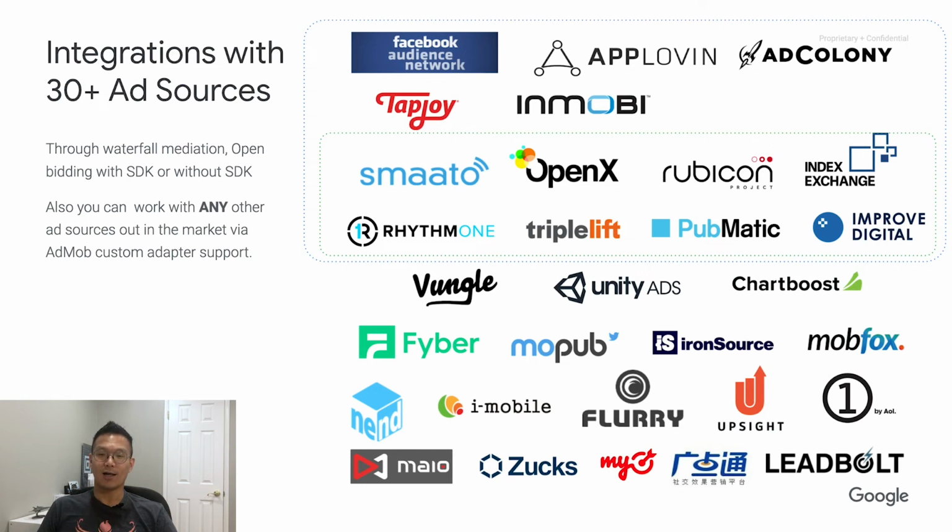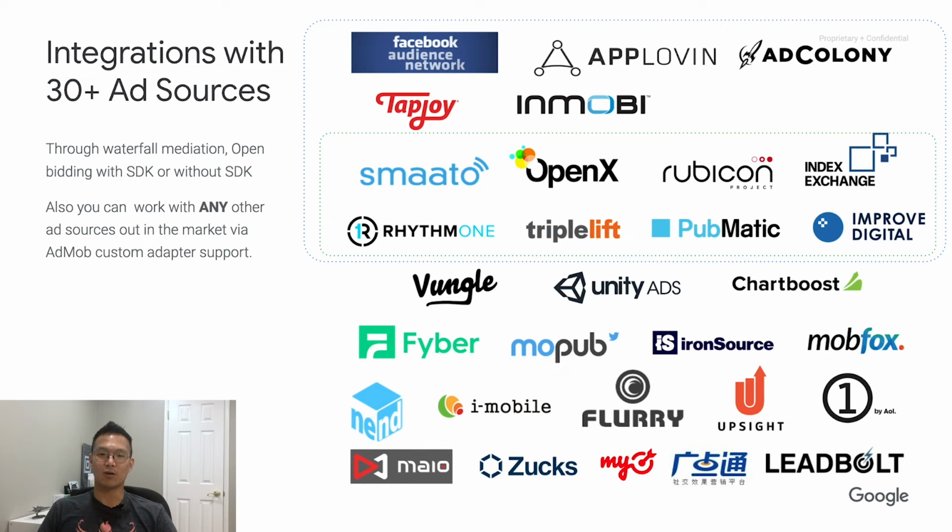With that, I would like to highlight how many ad sources are currently working with this. As Google AdMob mediation, we have this many ad sources working directly with us. And out of them, we have about a third, if not more, of ad sources working with open bidding. That's the top rectangle over there.